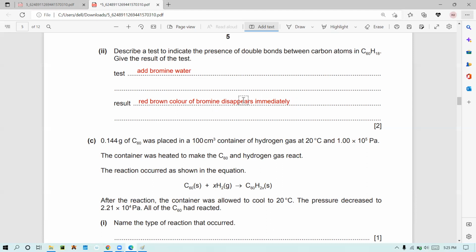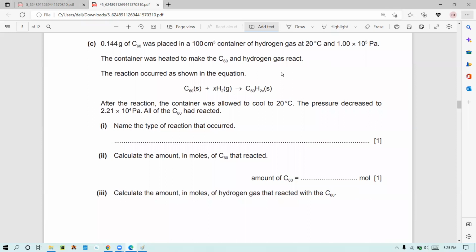And the next question is something we have to think about. If you don't think, then you will never get the answer. The question says, 0.144 grams of C60 was placed in a 100 centimeter cube container of hydrogen gas at 20 degrees Celsius and a given pressure.